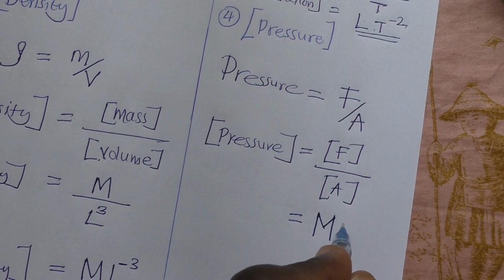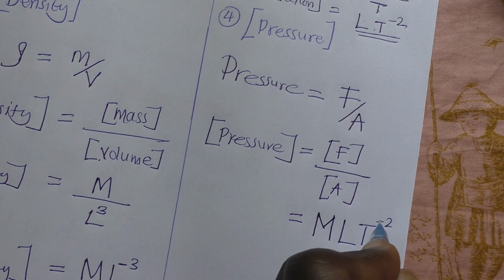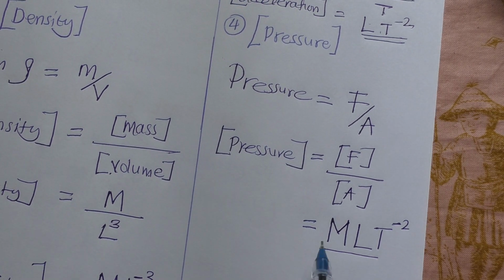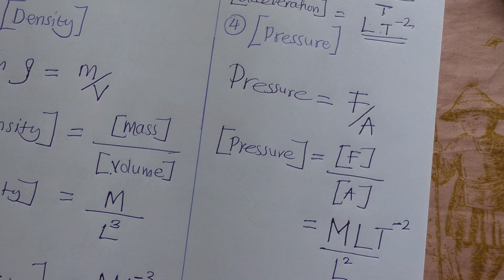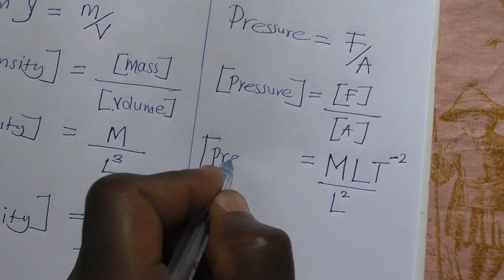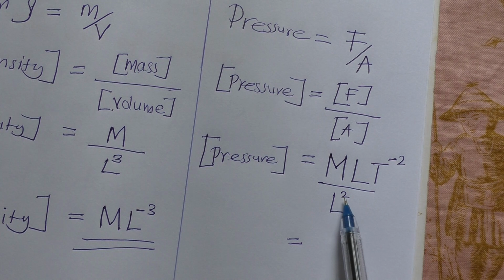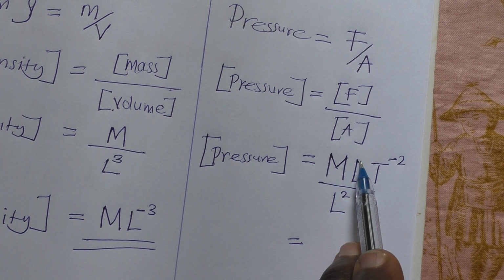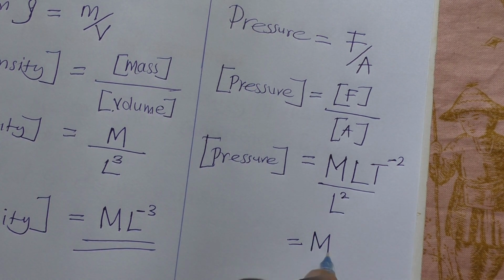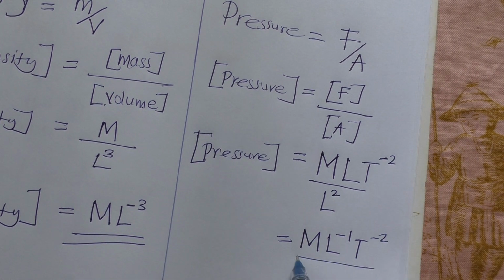So that gives us force as mass times length per t squared. Those are the dimensions of force, over area, which is length squared. So we shall get the dimensions of pressure as, when we apply indices, this one goes up. This one is already power 1, so we take away 2. And thus that gives us the dimensions of pressure as M per L per t squared.